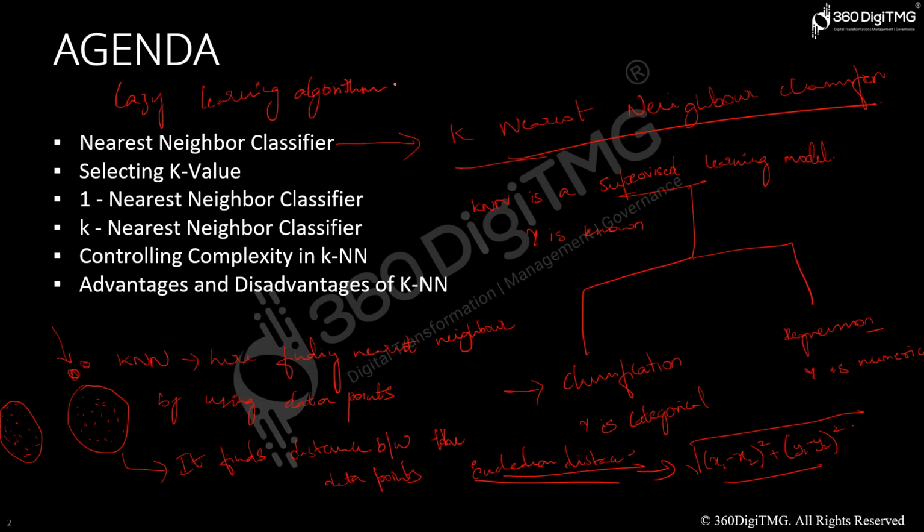When you have an output variable that is continuous or numeric, so here y is numeric, y continuous.